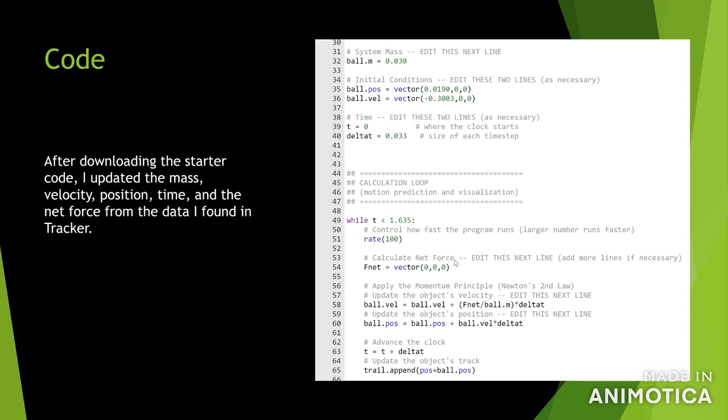I also changed the velocity and position equations on lines 58 and 60 to better reflect the momentum principle and Newton's second law. The result of this code and the changes I made is that it creates a loop predicting an object's future velocity based upon their initial conditions.